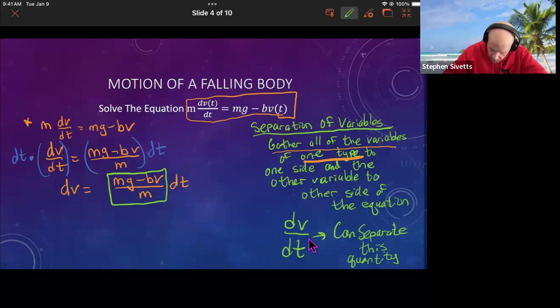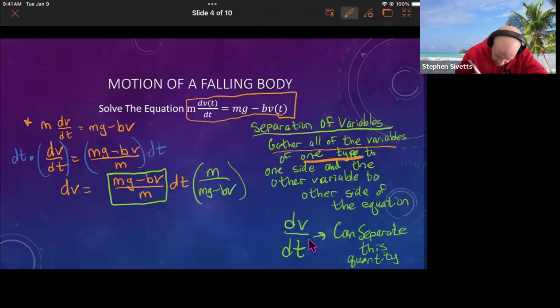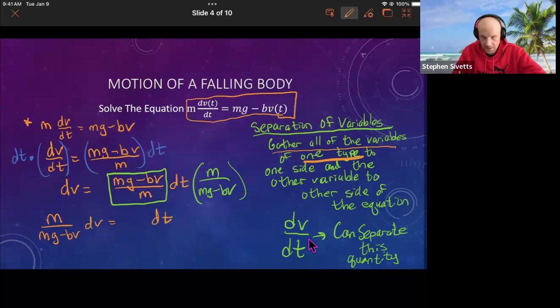And so if I multiply both sides by that quantity, so m over mg minus bv, and so this would equal, so m over mg minus b times v dv equals dt, right?